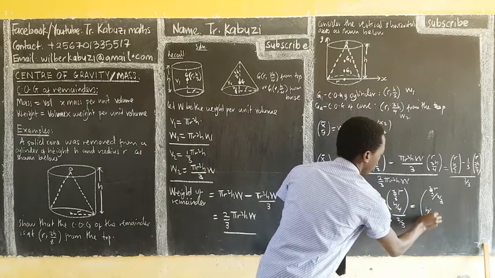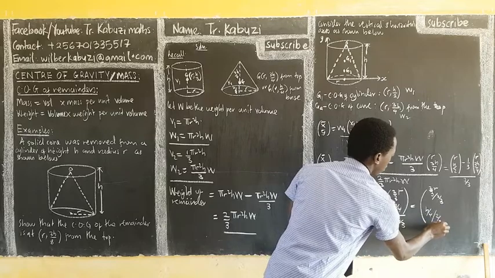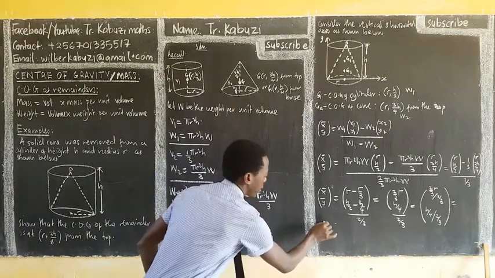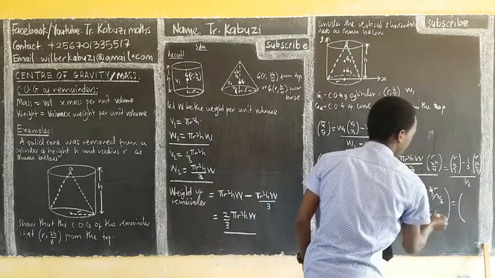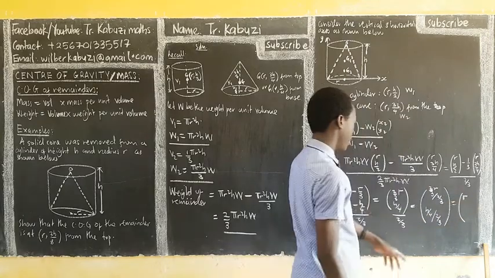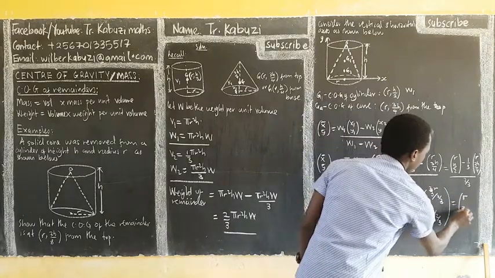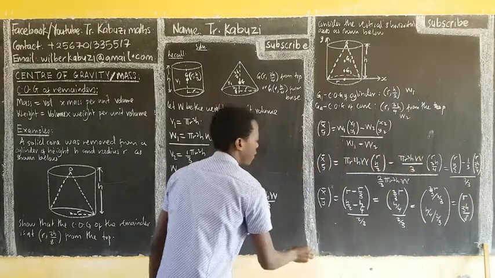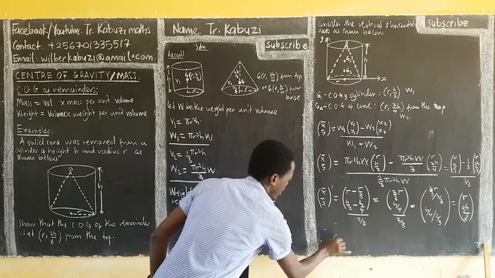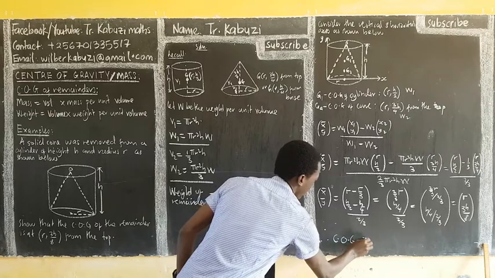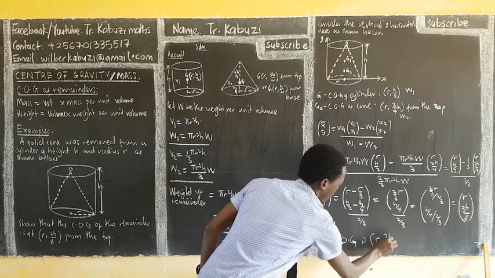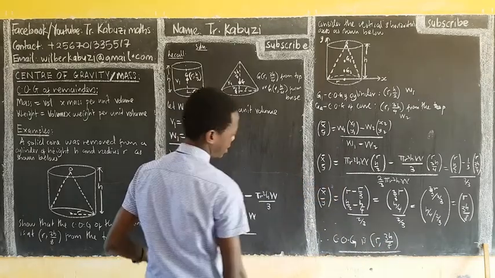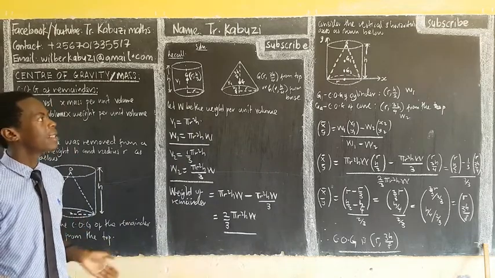And here I have h over 4 divided by 2 over 3, where we get the reciprocal, which will be 3h over 8. Therefore, our center of gravity is r, 3h over 8, as required from the equation. As simple as that.